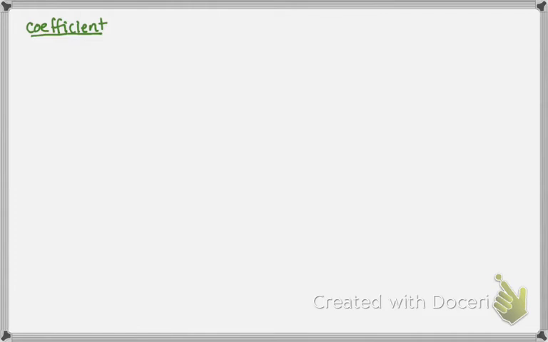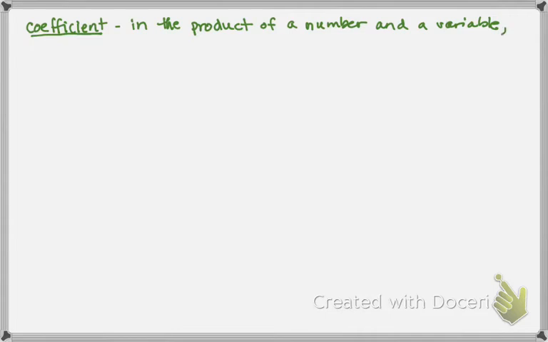So the coefficient: in the product of a number and a variable, the number is called a coefficient.